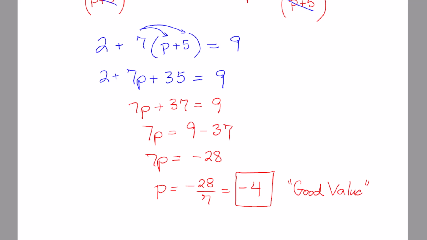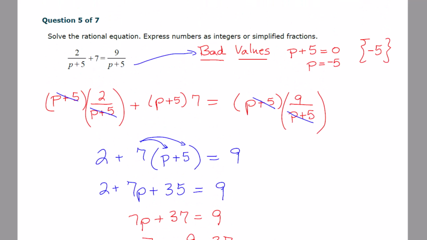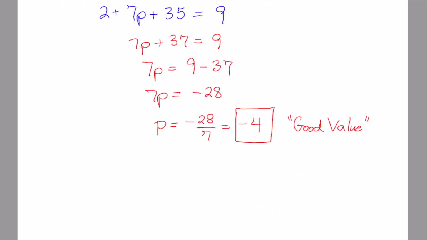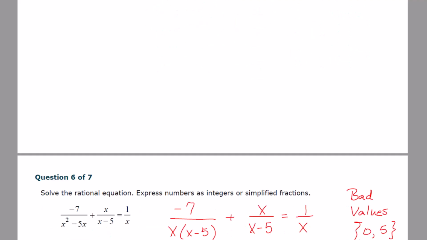And then divide both sides by 7, and I get -4. -4 is okay. Remember, the bad one was -5. All right, so far so good.